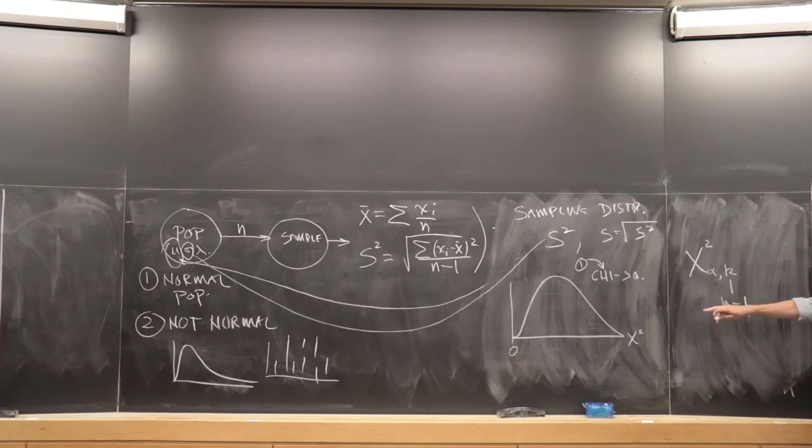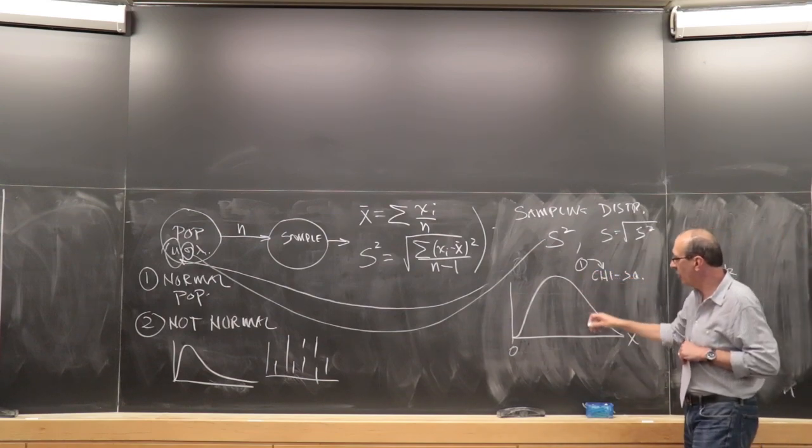So the shape of this curve changes as my n goes up and down. But that's the only effect. It isn't like the mean, where when the number gets small, I need to use t. Here I always use chi-squared, but it has a built-in method of accounting for larger and smaller numbers of samples. So this is what my sampling distribution looks like if the population is normal.